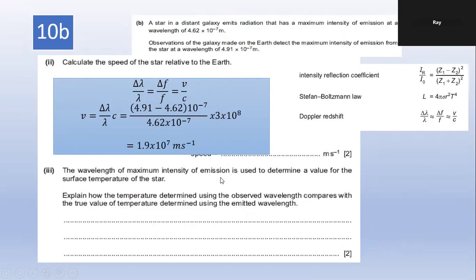The wavelength of maximum intensity of emission is used to determine the value for the surface temperature of the star. Explain how the temperature determined using the observed wavelength compares with the true value of temperature determined using the emitted wavelength.